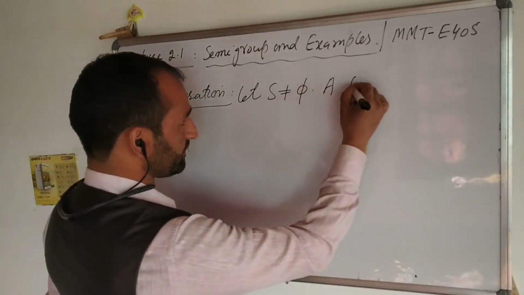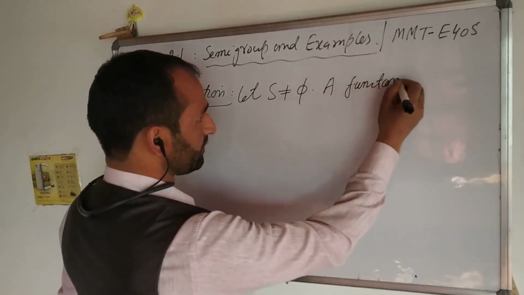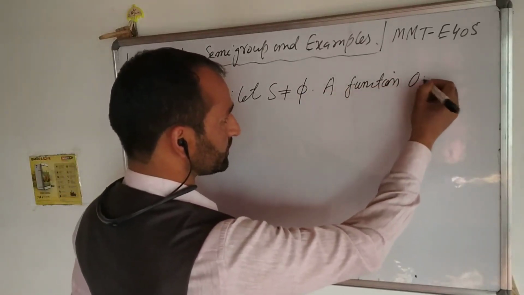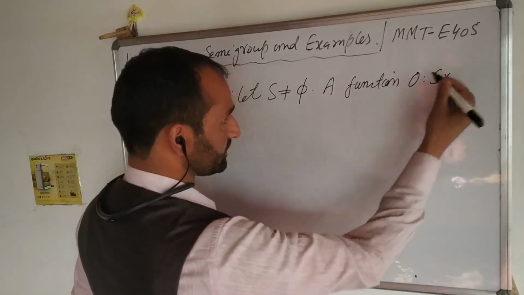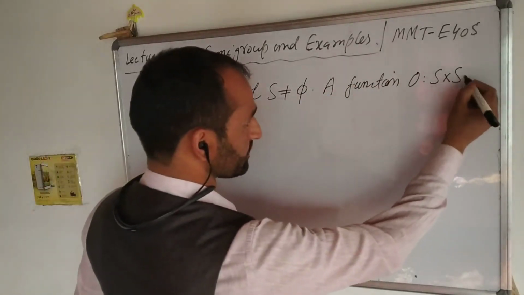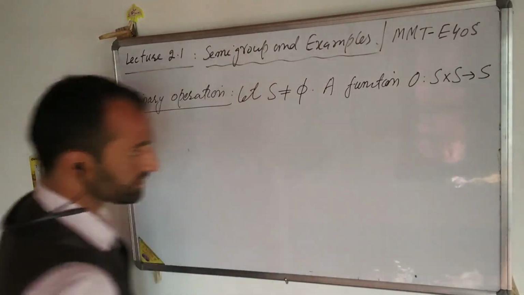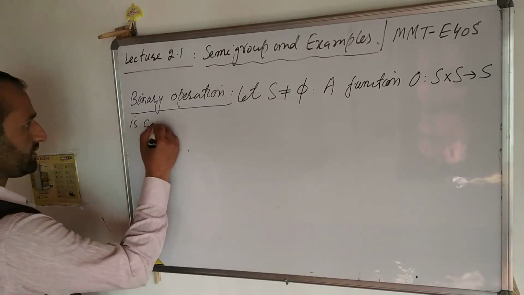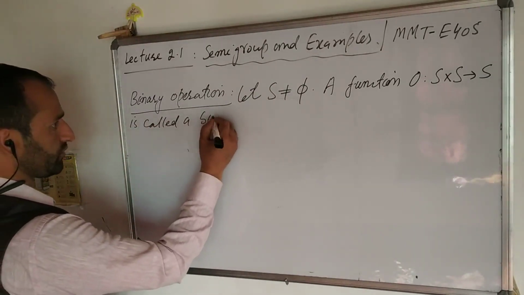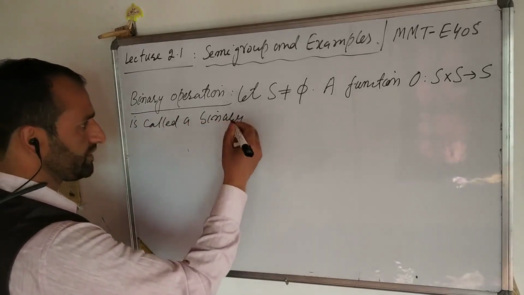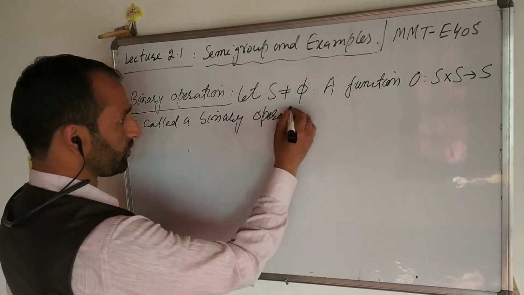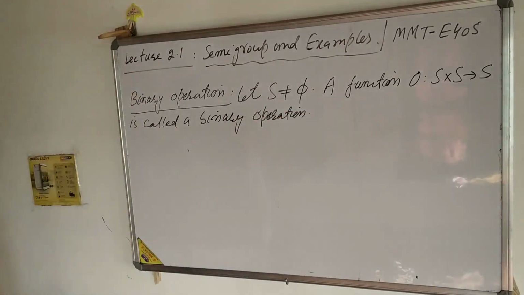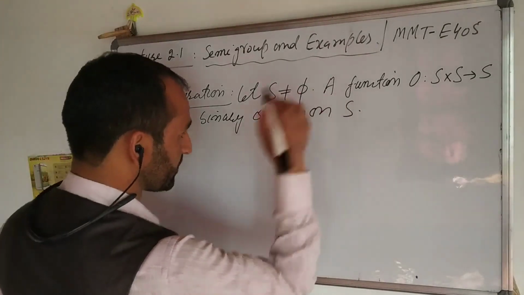A function from the Cartesian product S cross S, the cross product of S with itself, to S is called a binary operation. So any such function with domain S cross S and codomain S is called a binary operation on S.